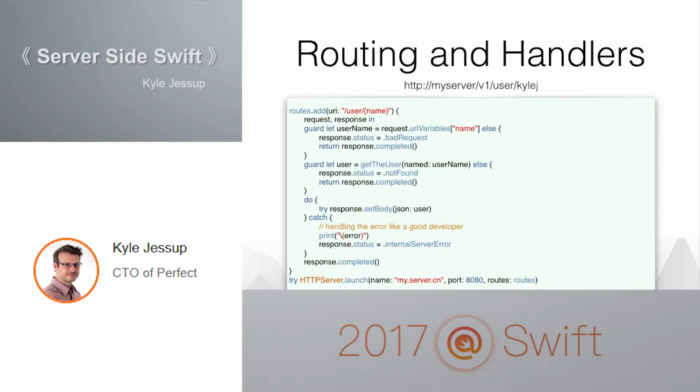And again, we can check and see if it's mandatory or some sort of weird error, so we're going to null out. So what you'd like to do here is take that name, get the user. The user is able to be converted into JSON, so what we're doing is setting the response body to the JSON data eventually, and then handling errors in a variety of ways, and then completing.